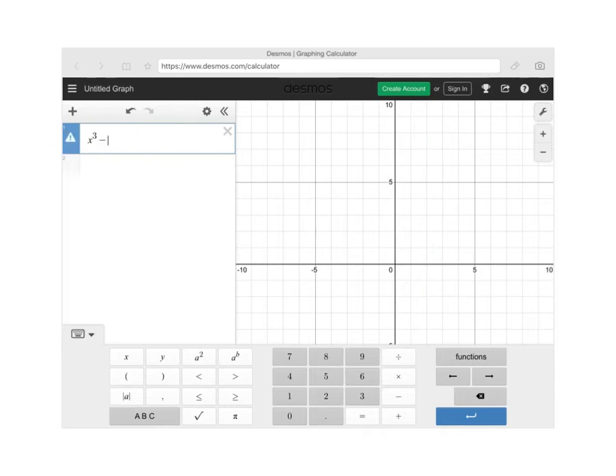So x cubed minus 465x plus 3,600. And remember, we expect to have a cubic shape. So when you look at your standard viewing window, you might just see a little bit of the right-hand side of the graph, but you're going to need to adjust your window considerably to see the rest of the graph.